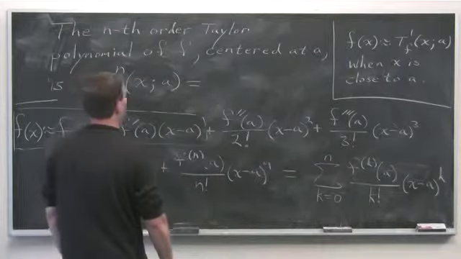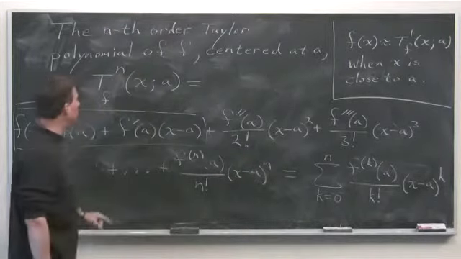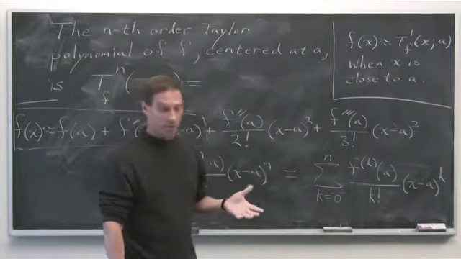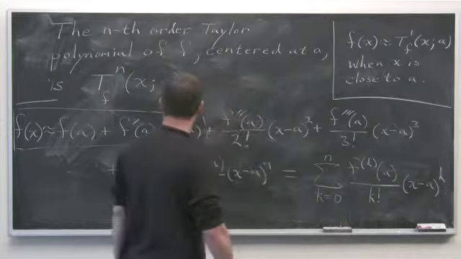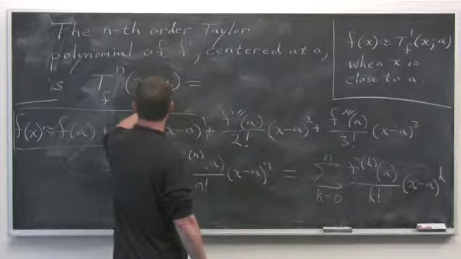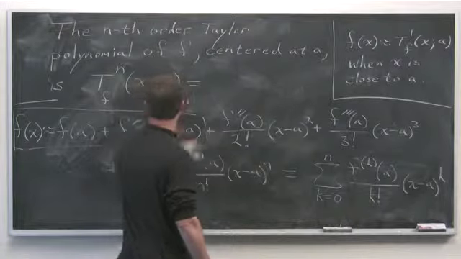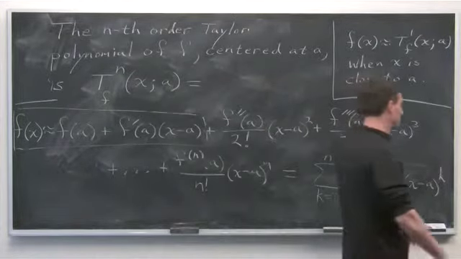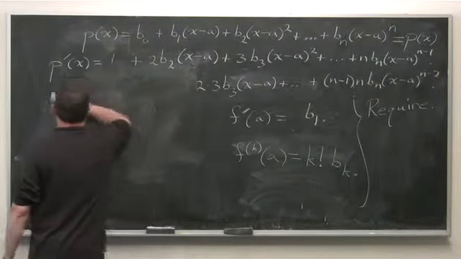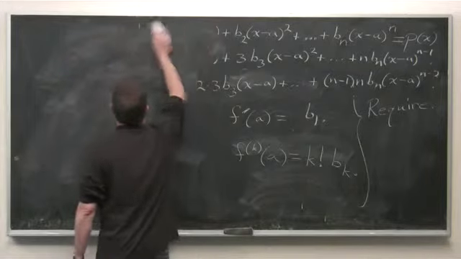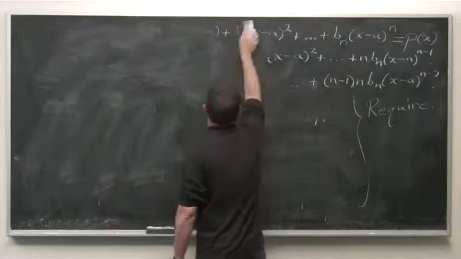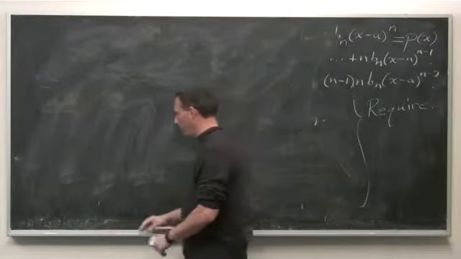There's one other thing I should say, another piece of notation, before we do an example. Our favorite place to center a polynomial is 0. We like powers of x. They look simple. When the center is 0, it's still a Taylor polynomial, but rather than say the long phrase, the nth order Taylor polynomial centered at 0, we say a Maclaurin polynomial.